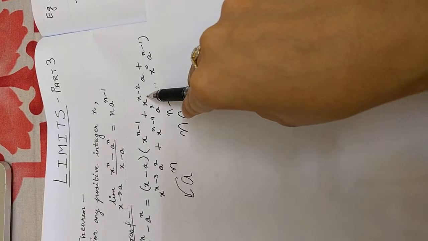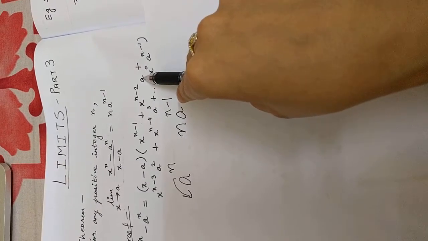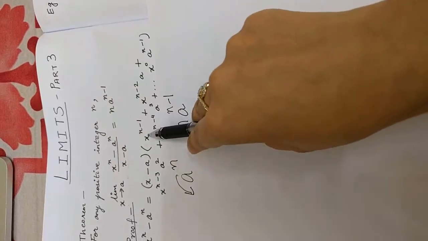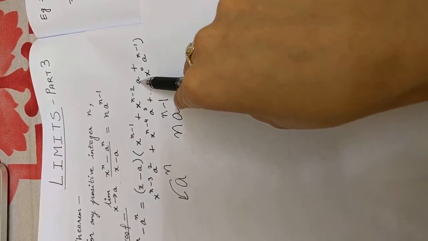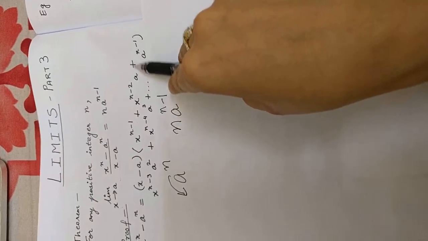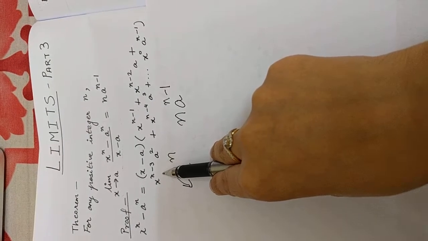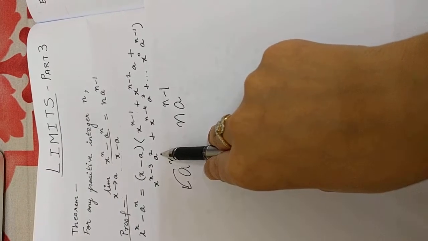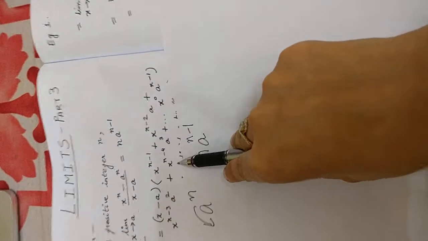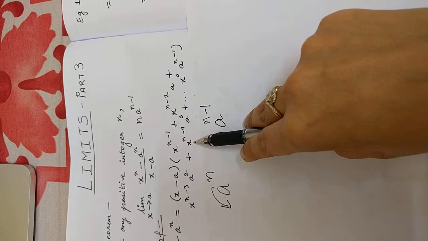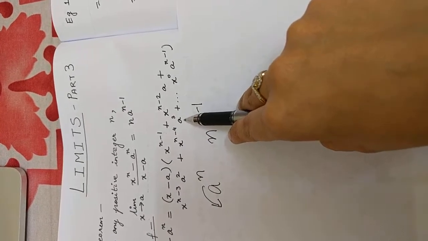Then we'll go on decreasing the power of x and increasing the power of a. So x to the power of n minus 2, a to the power of 1. Then x to the power of n minus 3, a to the power of 2. Then x to the power of n minus 4, a cube.